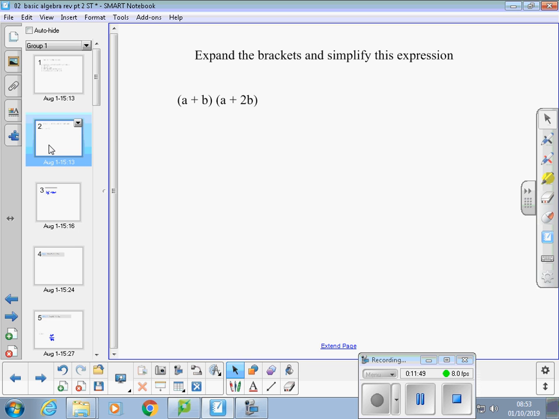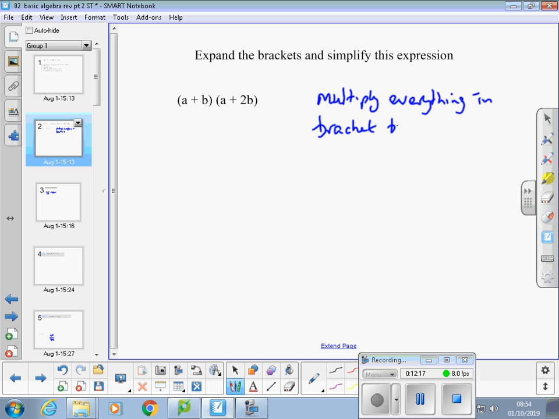Expand brackets and simplify this expression. So, what we have to do, we've already been through it a little bit, is multiply everything in bracket 1 by everything in bracket 2.